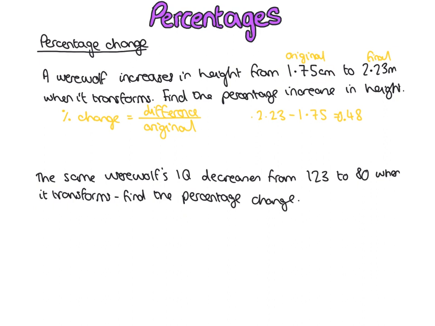So the percentage change equals 0.48 over 1.75. 0.48 divided by 1.75 is 0.2742, and so on. That's as a decimal. What's that as a percentage? That's 27.4% increase to 3 significant figures.